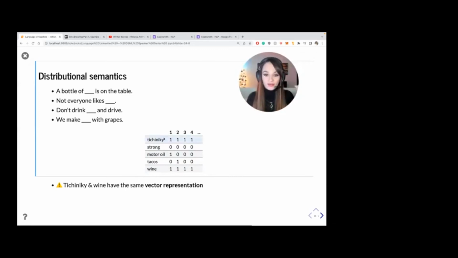So we see that tichiniki, motor oil, and wine apply. They all apply for that definition. Of course, when we're doing this with a bigger data set, it's going to be harder to infer the meaning because there's just going to be so many words and so many documents, but that's the intuition behind it.